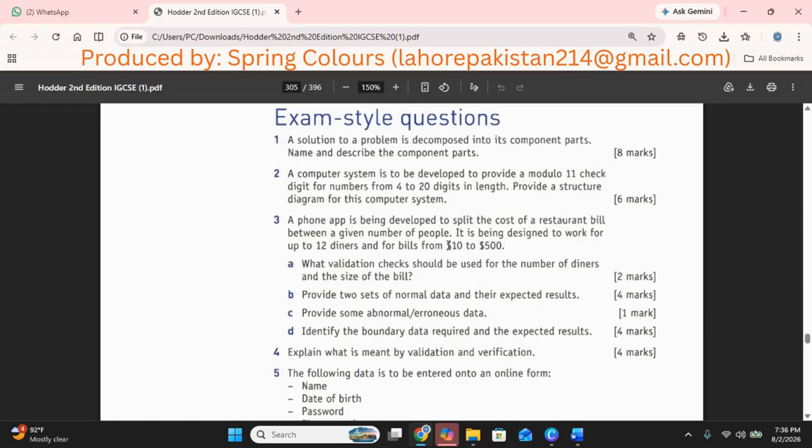But the bill has to be in the range of $10 to $500, and the maximum number of friends that can split a certain amount is 12.